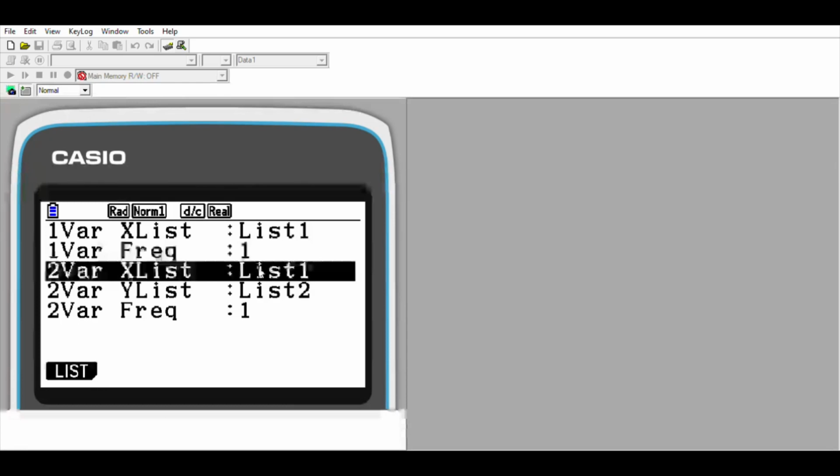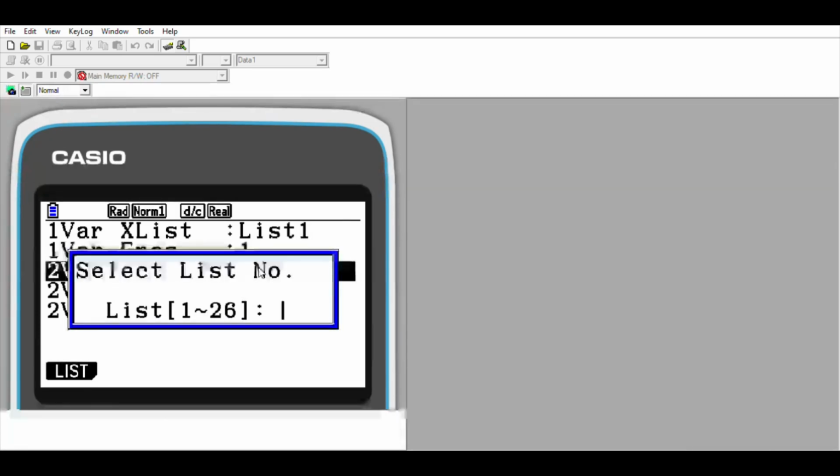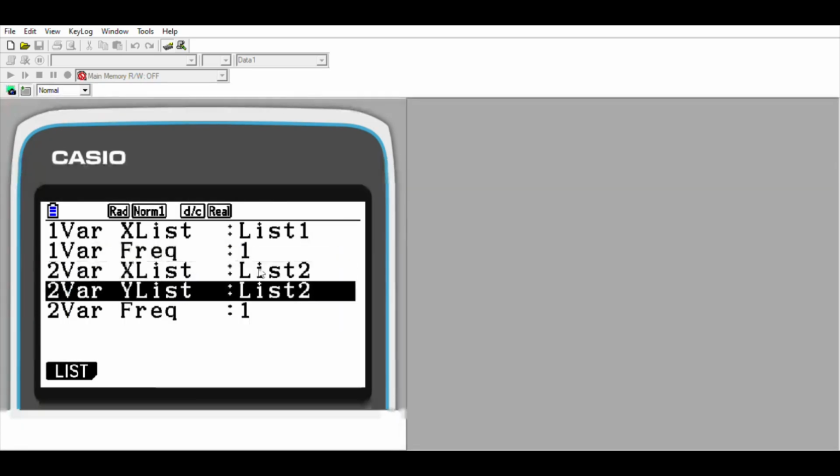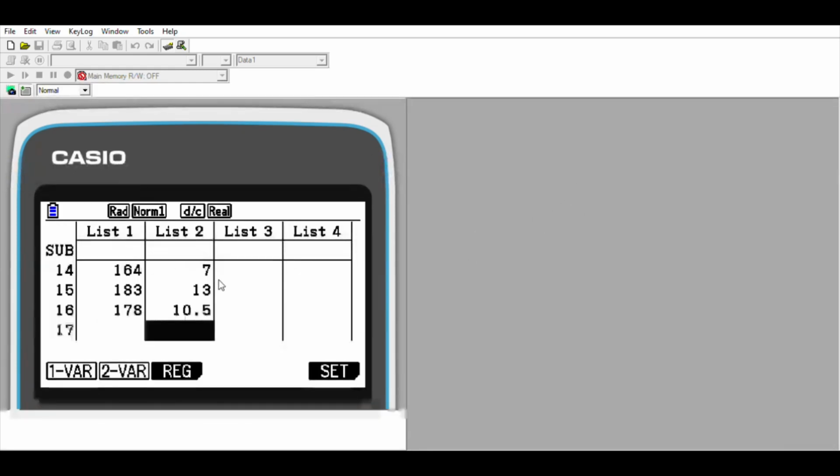So we click on F1 and put number 2. And we can tell the calculator to read the y variable in list 1, so we click on list and put 1. Now the calculator will interpret that this column over here would be the independent variable, and this column over here would be the dependent variable, which is the opposite of what we had before.